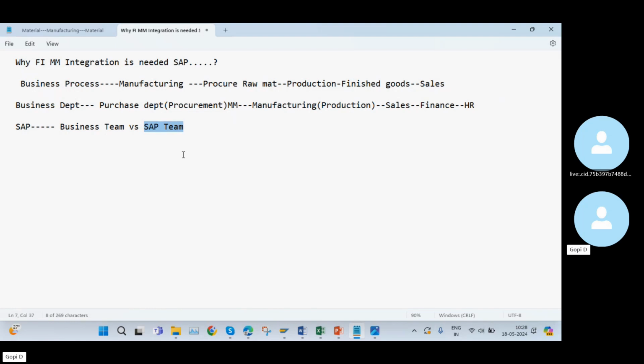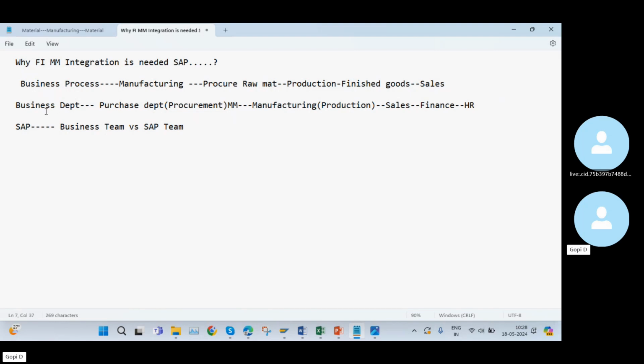Within the teams, we have a different structure, like junior consultant, senior consultant, lead consultant, solution architect, or the end-to-end owner. Likewise, we can observe different types of teams in any SAP environment, on the business side as well as the SAP side.